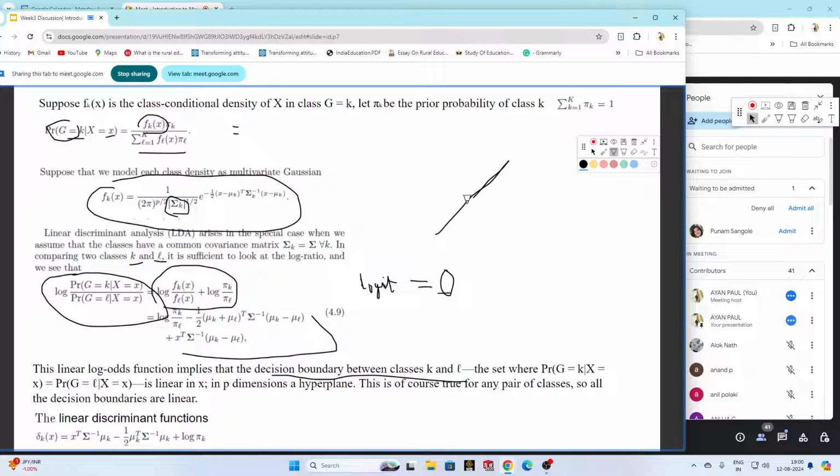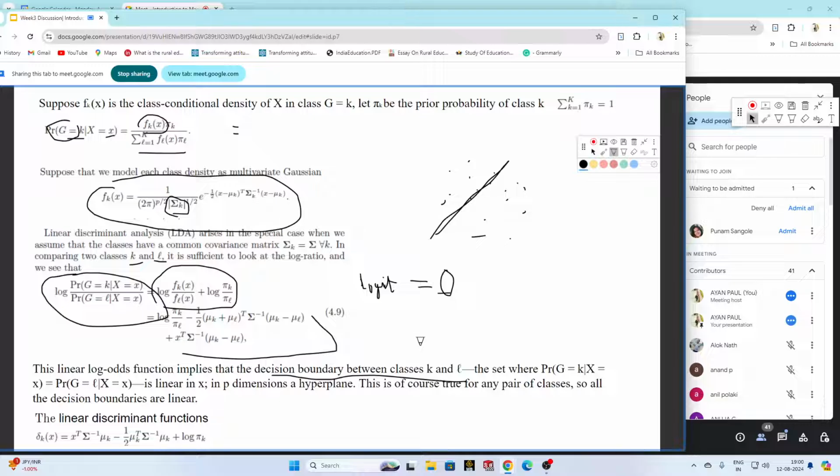Like here there is one set of data points, and here there is another. Your data point will be on the decision boundary only when these probabilities become equal, or the logit function will be equal to 0. Okay, this is the concept.